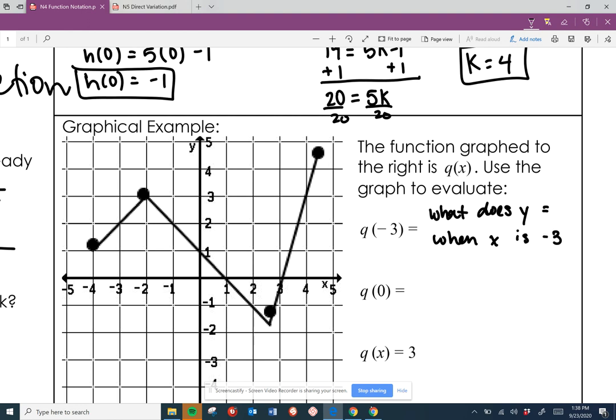So if you come over here to the graph and you look at -3 and you plot the point on the graph of where x is -3, you'll see that y at that same point is +2. So q of -3 would equal +2.